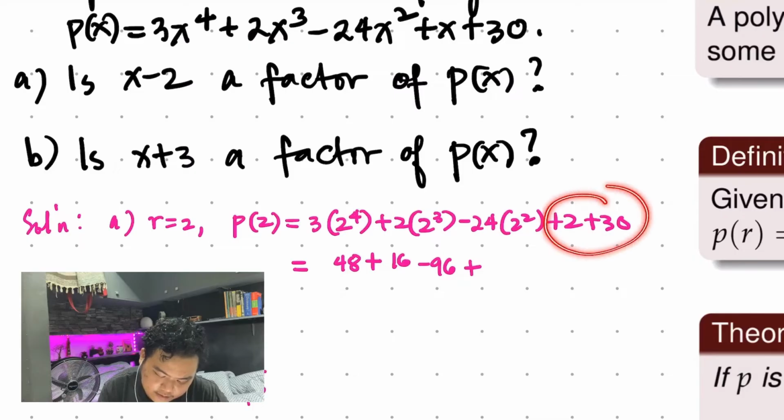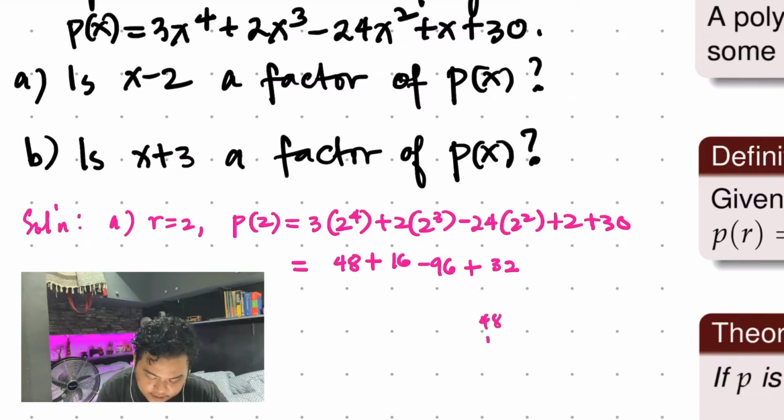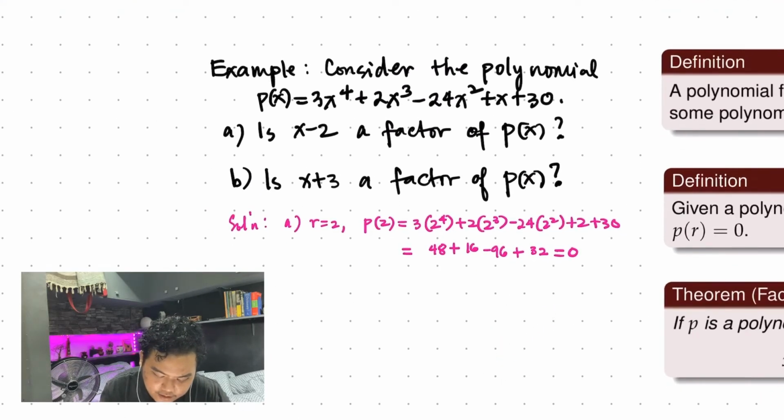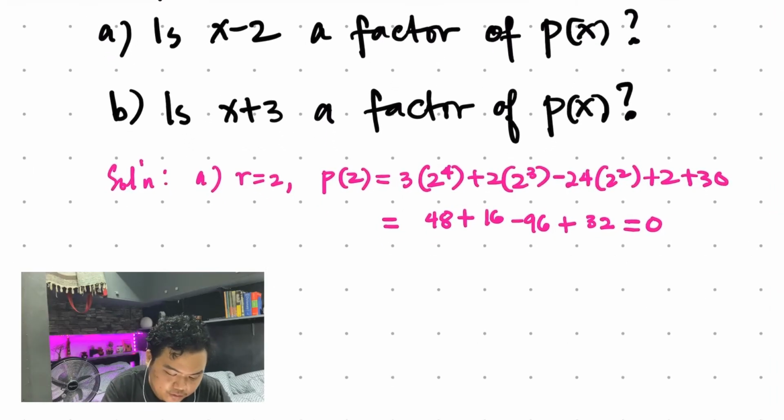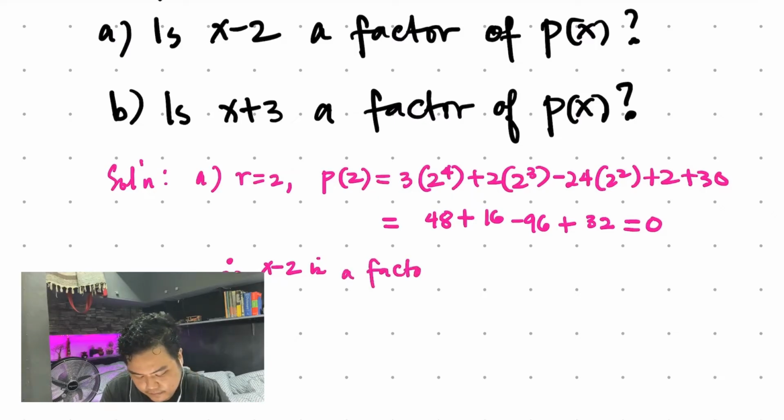Plus 32. Add muna natin: 48, 16, 32 is 96. So, this is 0. So, anong conclusion? If p of 2 is 0, therefore x minus 2 is a factor of p of x.